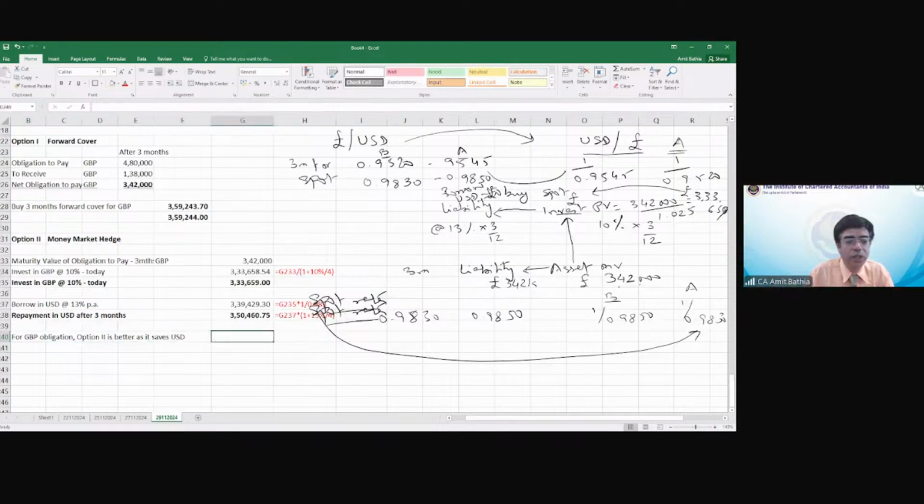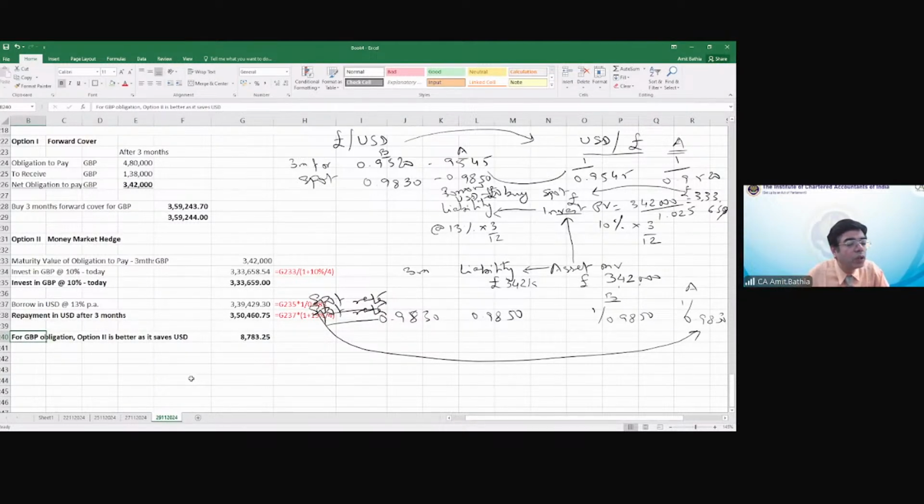How much USD does it save? 359,244 minus 350,460.155. So it saves 8,783.25. This is for your obligation part. This is the recommendation you are giving for the GBP obligation.